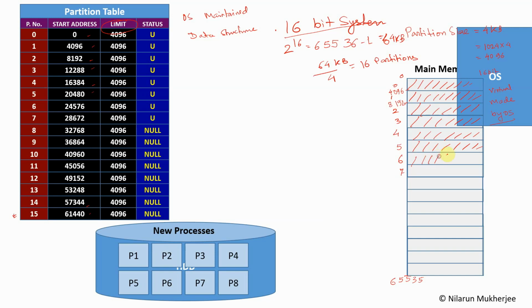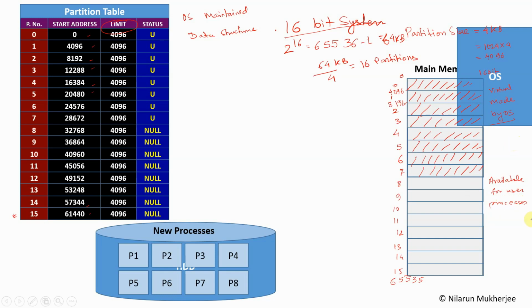So it is taking half of the memory, reserved for the OS. Now the remaining half, 8, 9, 10, 11, 12, 13, 14 and 15, are available for user processes.